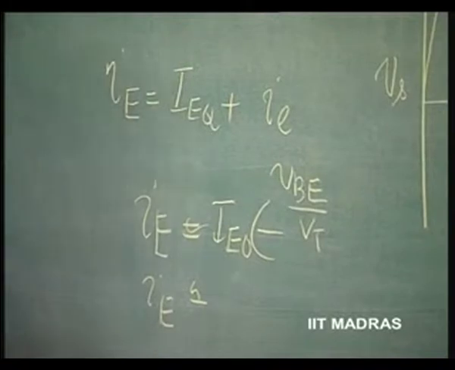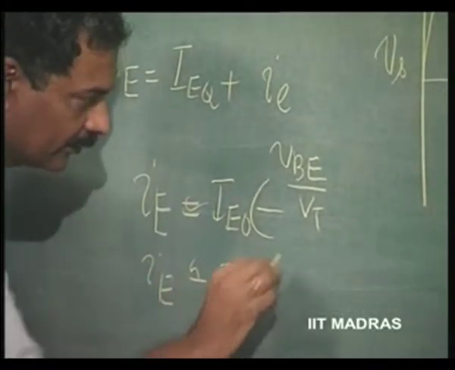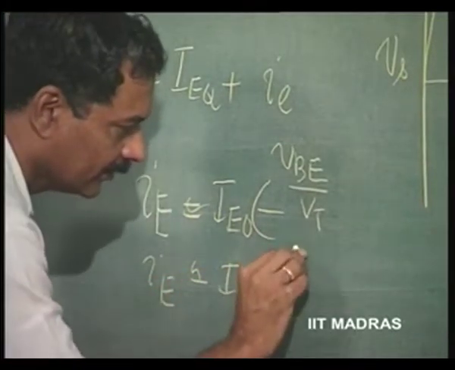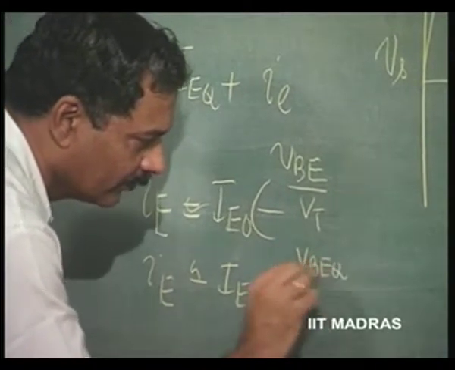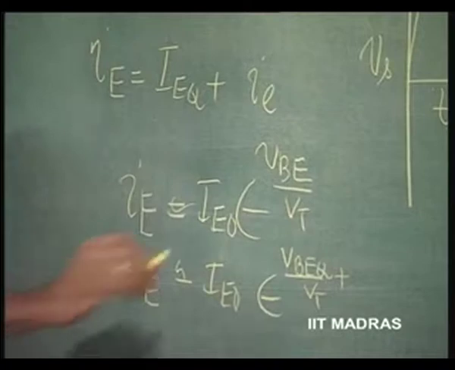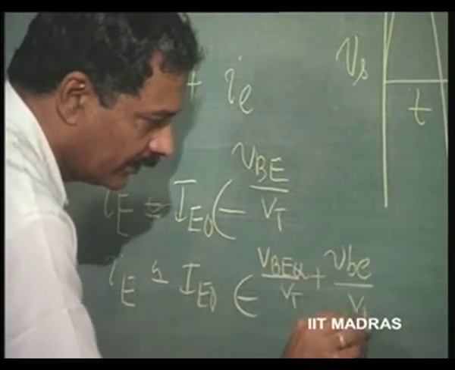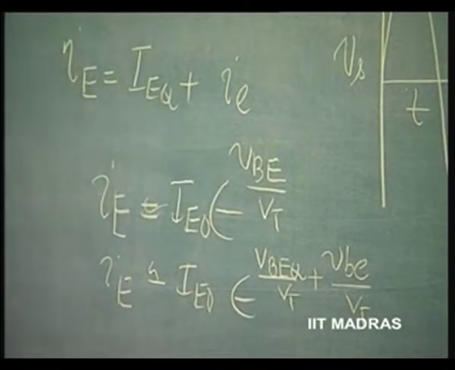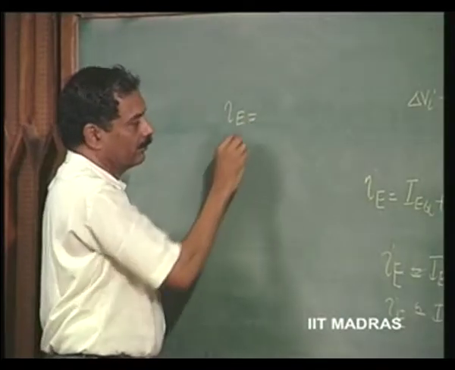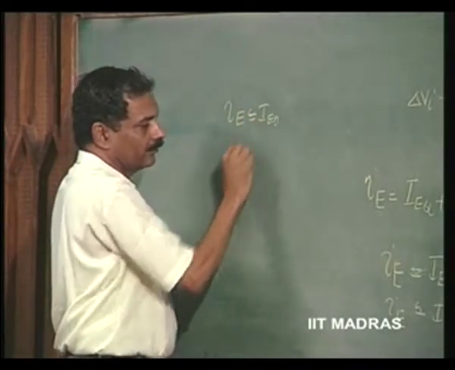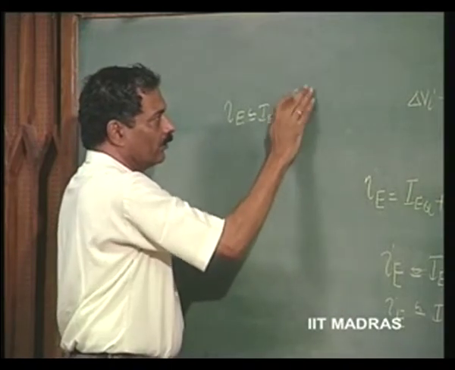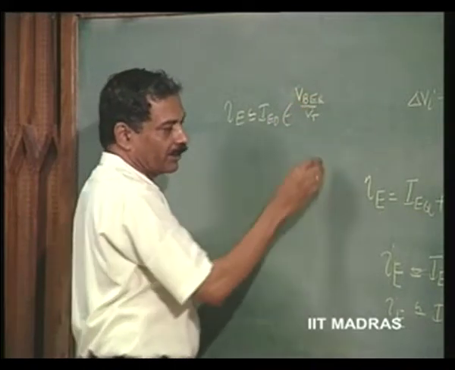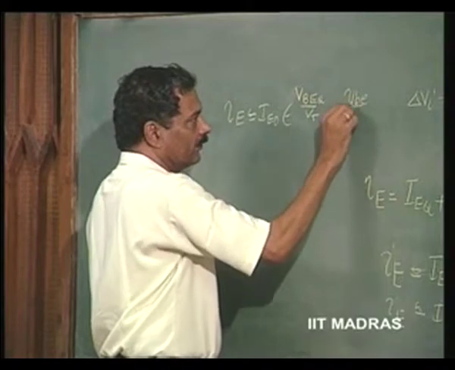Okay, this is this, then IE naught exponent Vbe by Vt can be written as exponent Vbe q by Vt plus Vbe by Vt, the time varying component, okay. And this is IE naught exponent Vbe q by Vt into exponent Vbe by Vt.